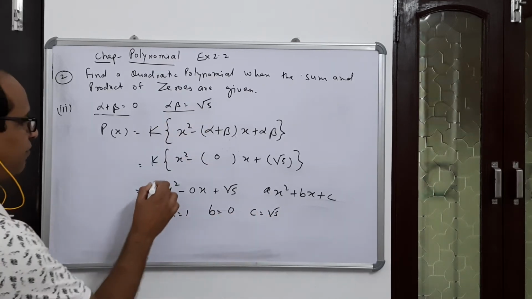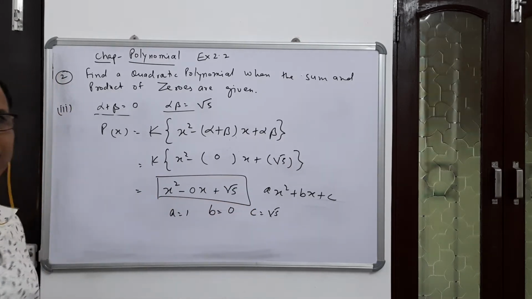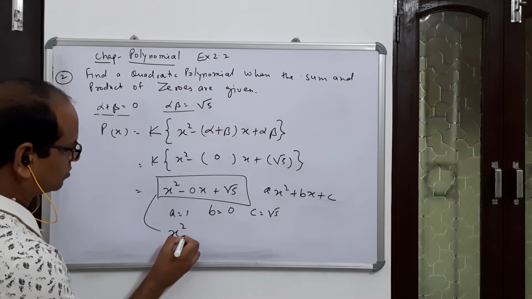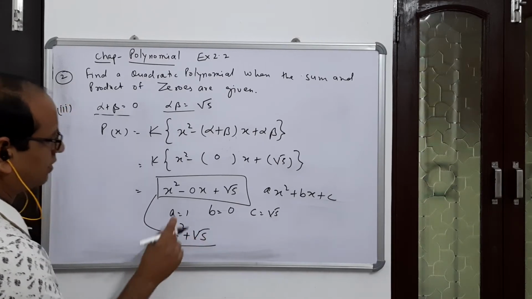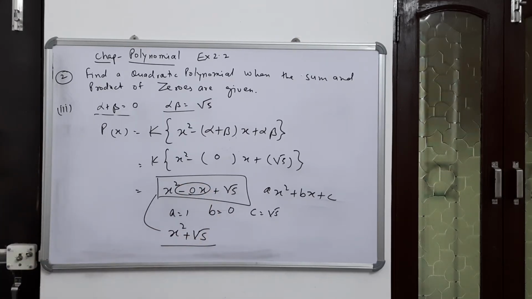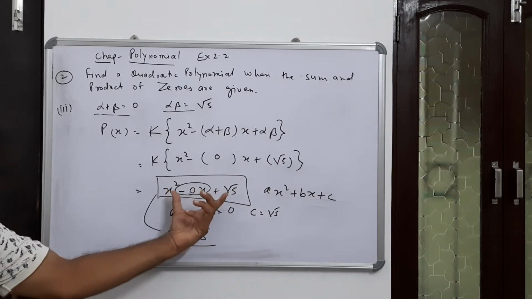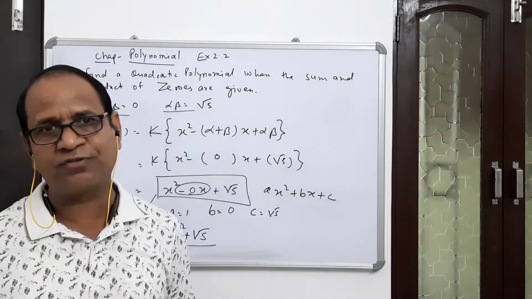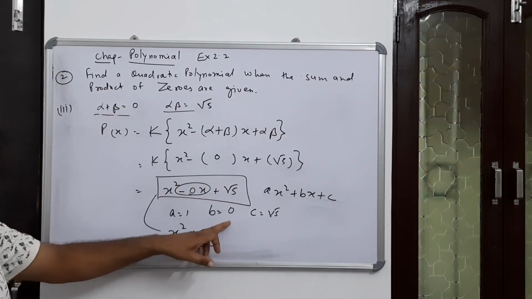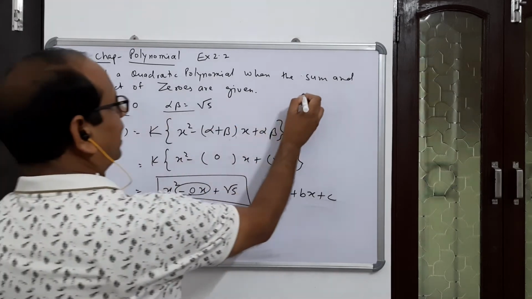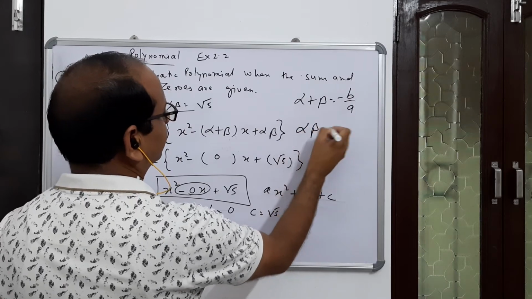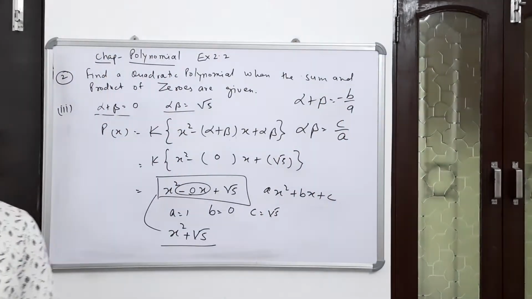So in this way, you can check your answer also. And it can be written in this form also: 0x, and now x square plus root 5. So this answer is also correct, and here I told you the values of a, b, c, and we can check our answers by the formula alpha plus beta is minus b upon a and alpha into beta is c upon a.